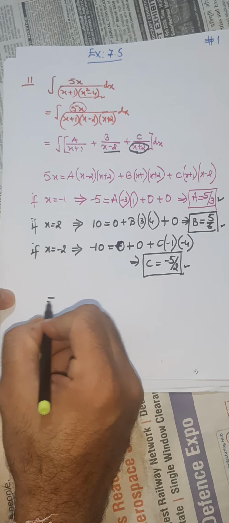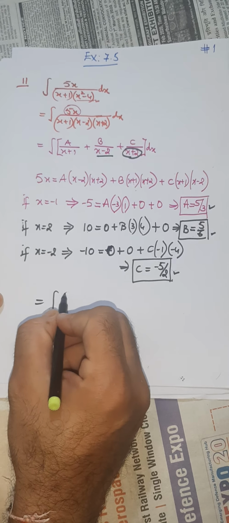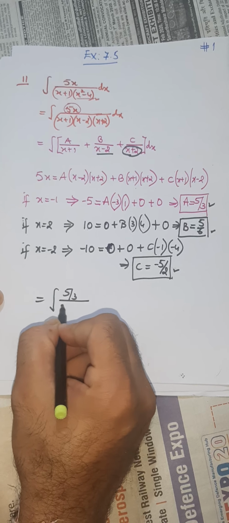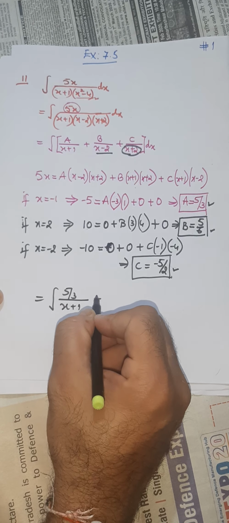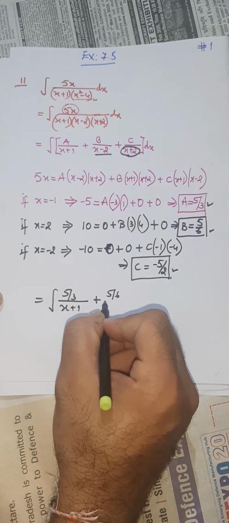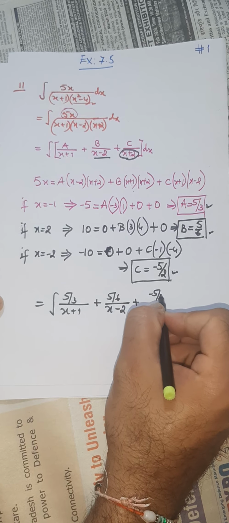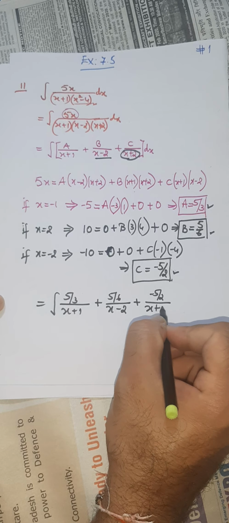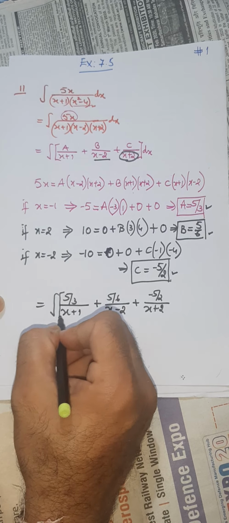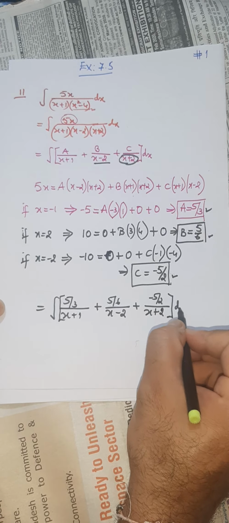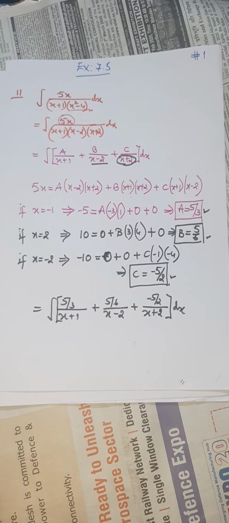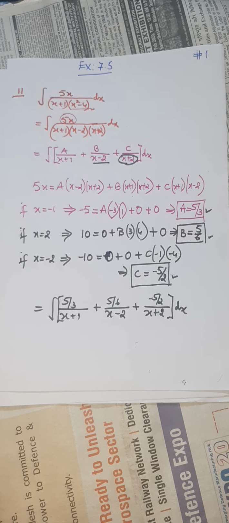So if I continue with the same integral, A is 5 by 3 upon (x plus 1), B is 5 by 6 upon (x minus 2), and C is minus 5 by 2 upon (x plus 2). So this is what we call the partial fraction method. Now we just integrate in a line.